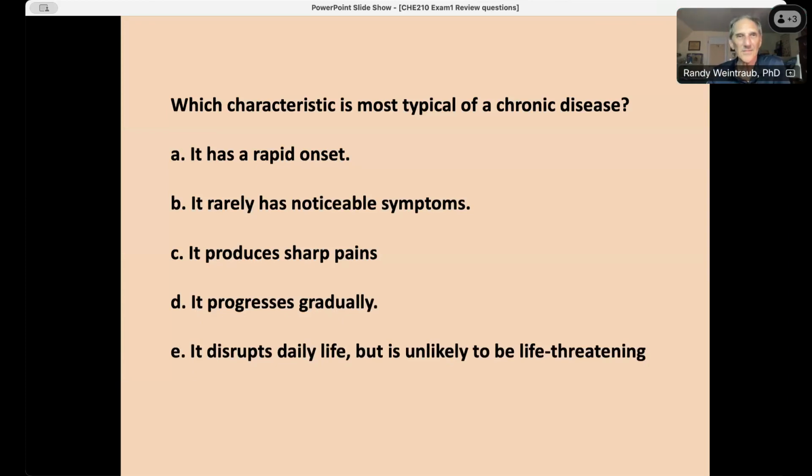Okay, a series of questions here that are about the level that you'll see on the test, and this is just chosen from the 5 chapters that this test is going to cover. Let's see, a characteristic that's most typical of chronic disease. Chronic disease does not happen really quickly. It's gradual.